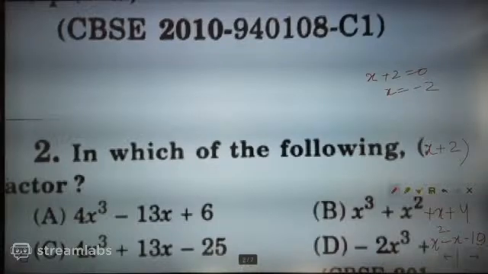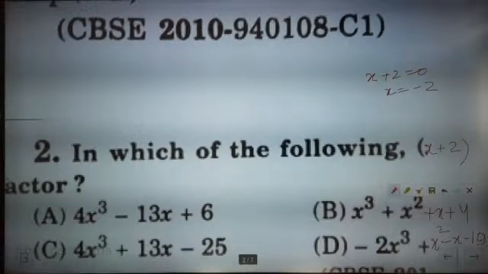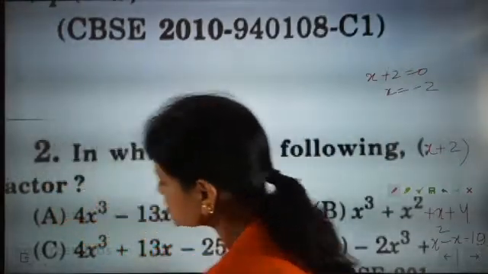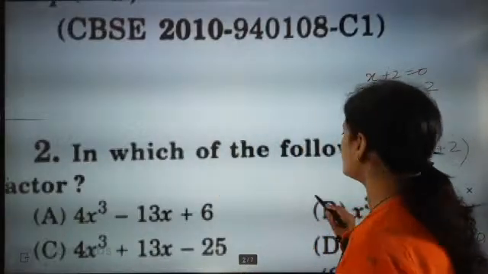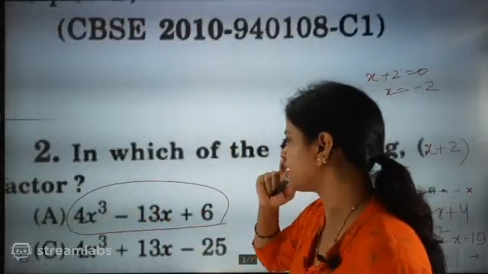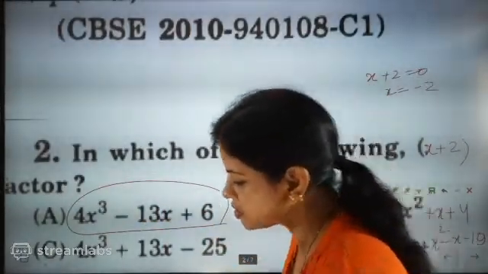Third one no. Question 11, which one is going to be the answer? Now we are going to substitute x equal to minus 2 and check. A is going to be the answer.